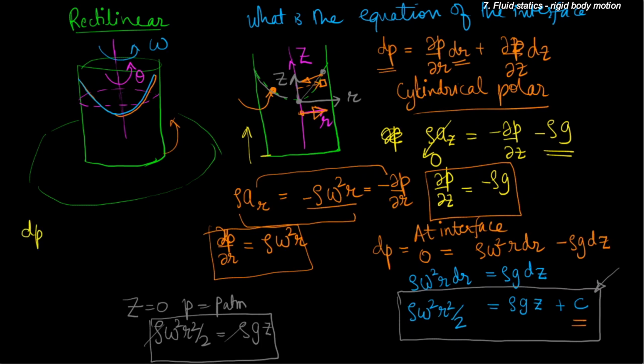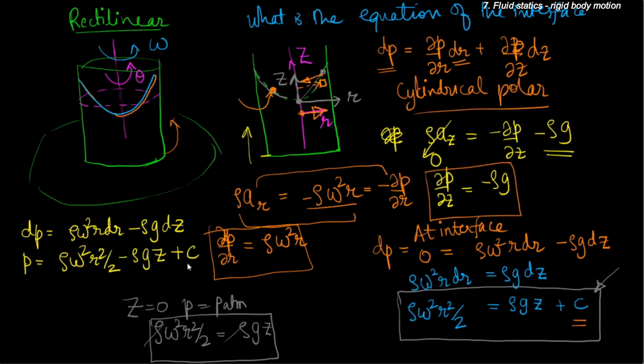Essentially dp is rho omega square r dr minus rho g dz, and p is thus rho omega square r square by 2 minus rho g z plus constant, and the constant that we have chosen is such that in this particular coordinate system r equal to 0, z equal to 0 correspond to p equal to p atm. So the constant when r equal to 0, z equal to 0 becomes p atmosphere. Therefore we have p minus p atmosphere is equal to rho omega square r square by 2 minus rho g z.